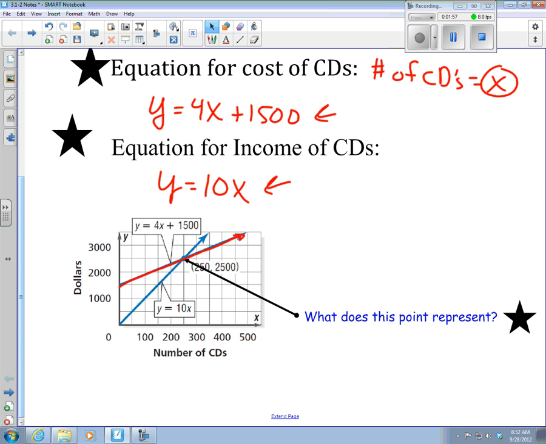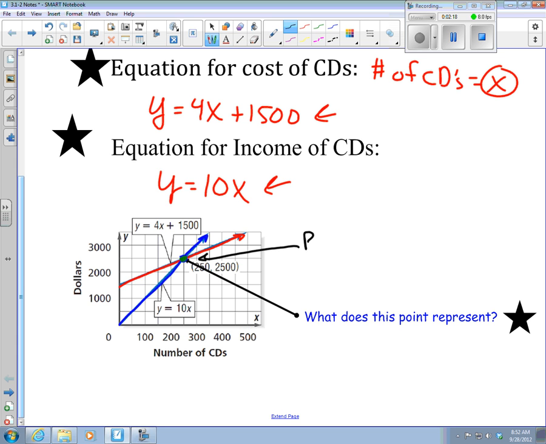And this one in blue is their profit function. And you can see they intersect at this point right here. That point where they intersect, I'd call that the break-even point.